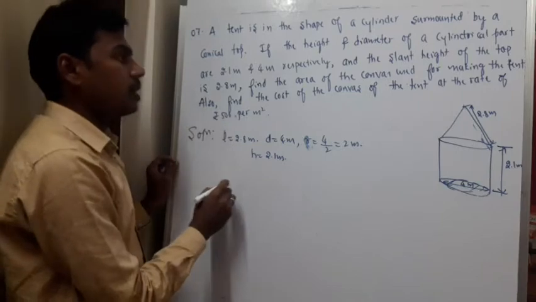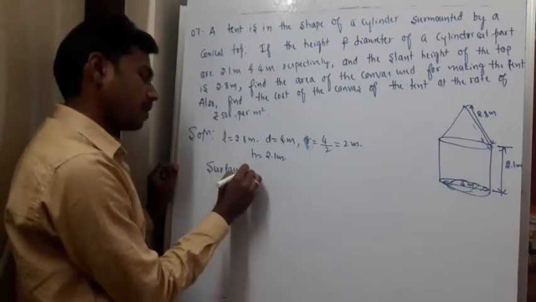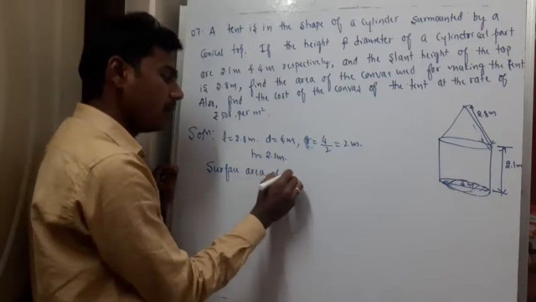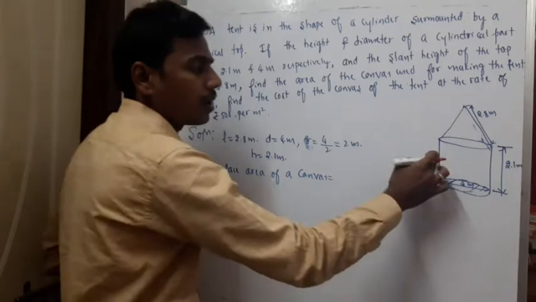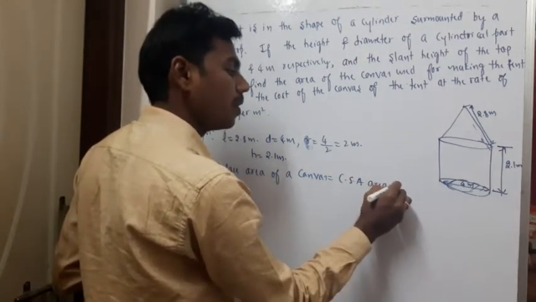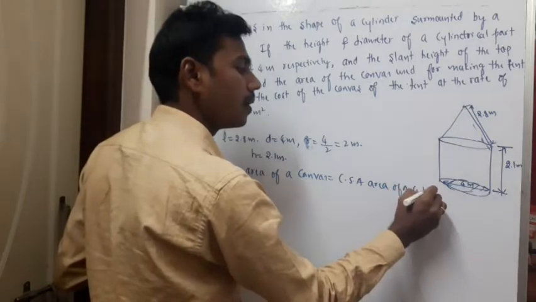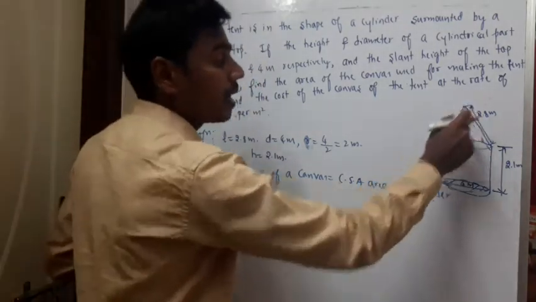Now, surface area of the canvas is equal to curved surface area of a cylinder plus curved surface area of a cone.